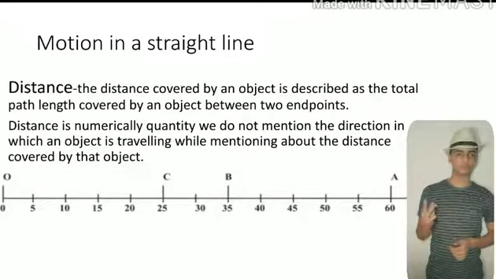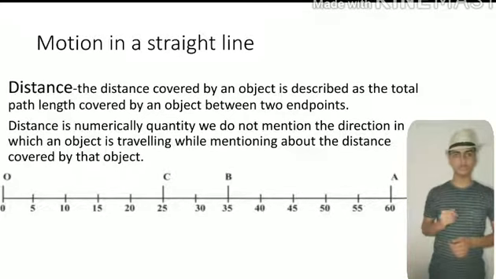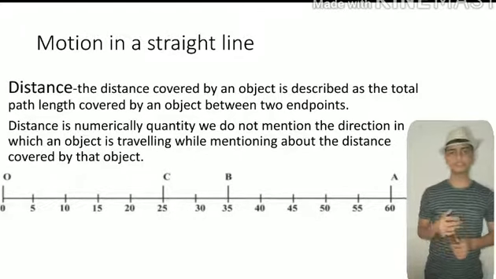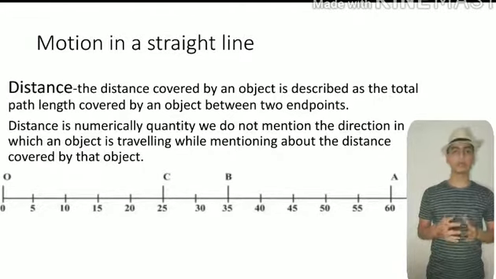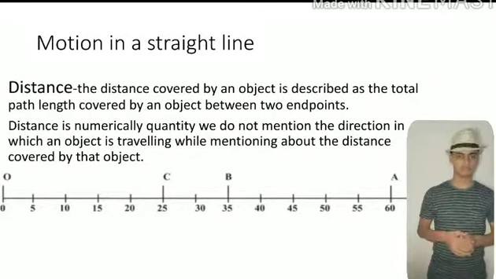That is from O to C, or from O to A and then back from A to C, or going from O to B and coming back from B to C, or going from O to A, coming back to B and then coming to C. So in this we can see the distance covered will be shorter or longer as per the path we are taking.